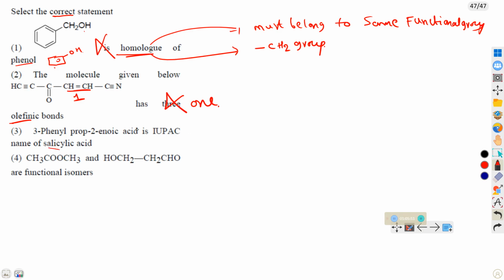This is also wrong. Salicylic acid's IUPAC name is 2-hydroxybenzoic acid. So no doubt the correct statement is the fourth one. Thank you.